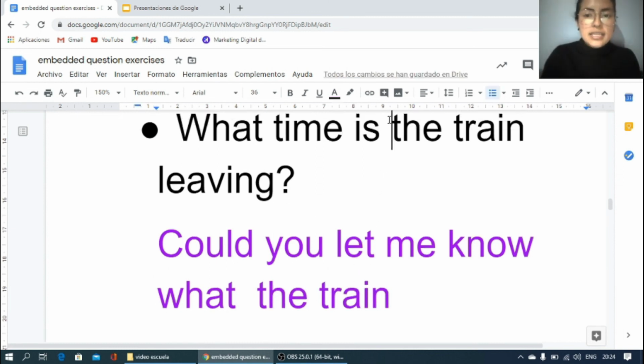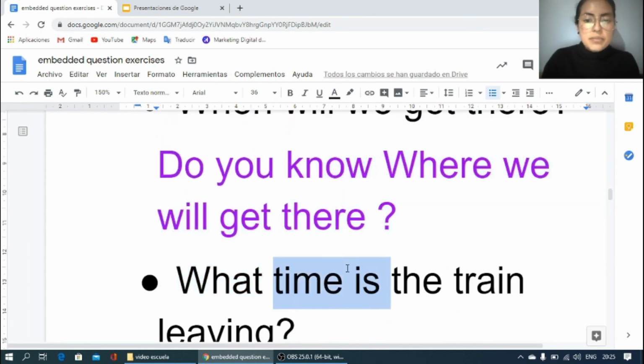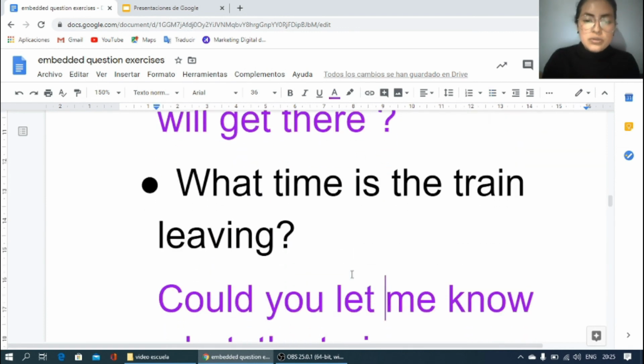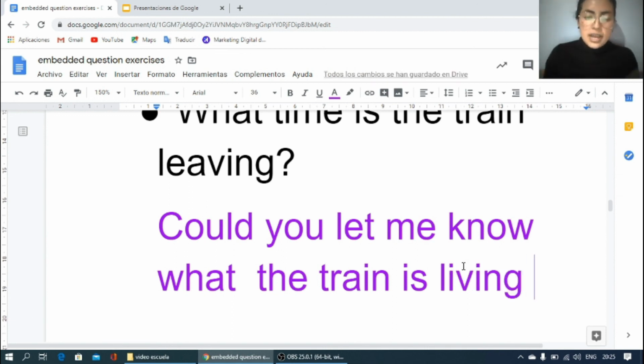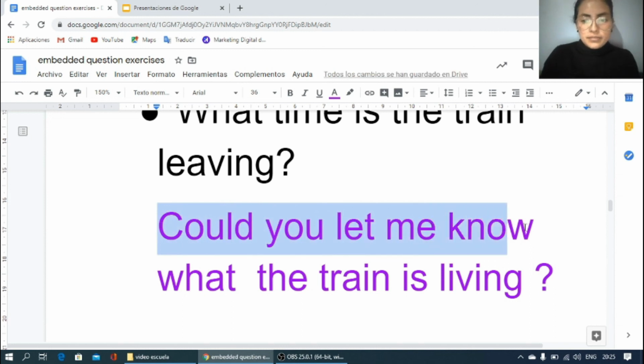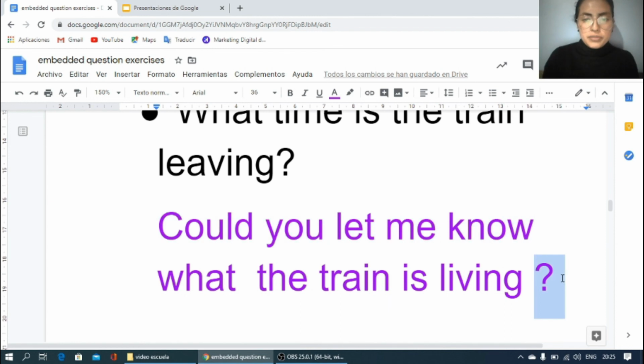In this case, it is the verb to be. You have to write is. The train is, and you have to write the same: leaving. Okay? And this is all. And you have to write a question mark because of the introduction question. When you use an introduction question, you have to put a question mark.